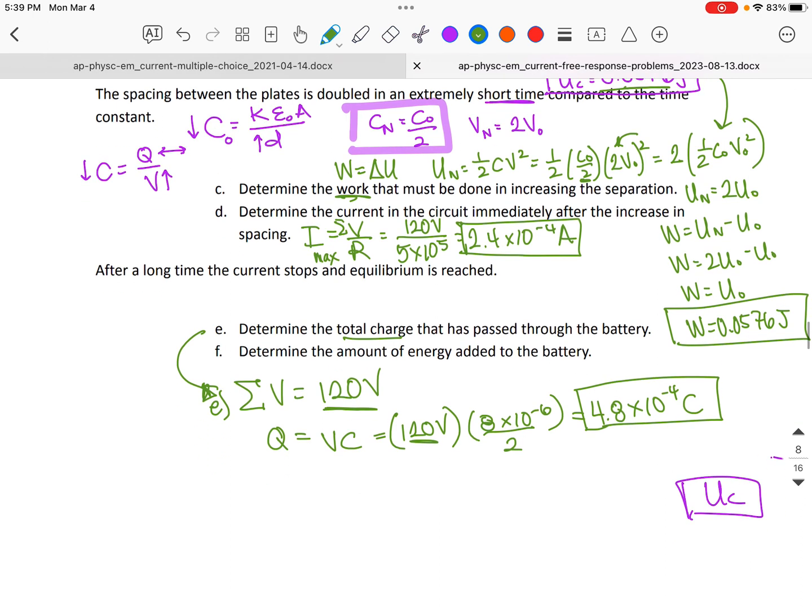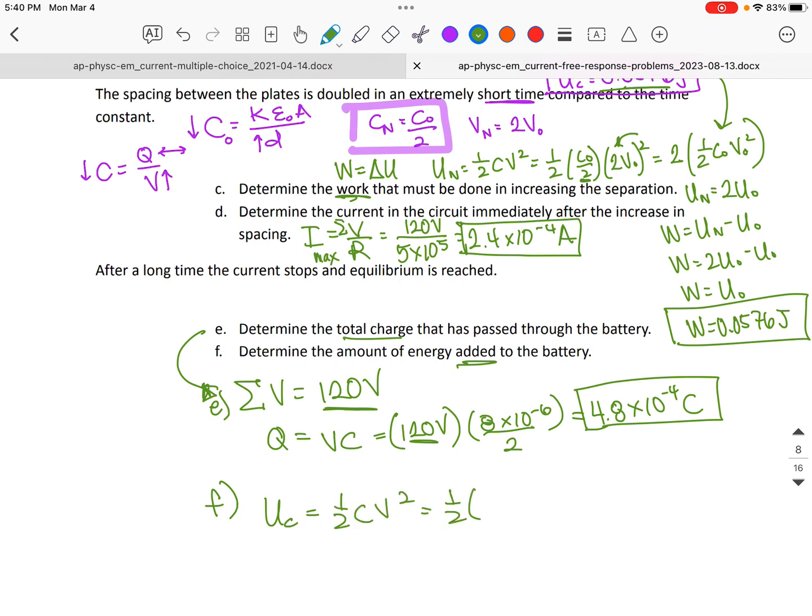Okay, last but not least, let me erase this. I have part F, the amount of energy added to the battery. Again, UC is going to be, when we're talking about added, the extra voltage. So that's going to be 1/2 CV squared.